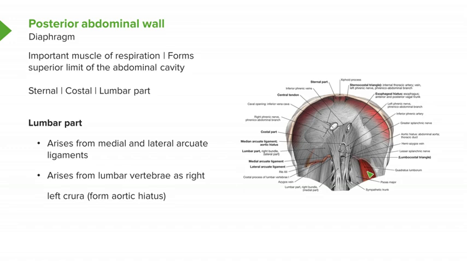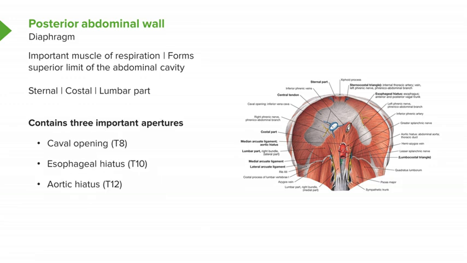So here we can see the lumbar part, and also we can see the left and the right crura that are running down, as I mentioned previously, to attach to the lumbar vertebrae, and these are helping to form the aortic hiatus. And then, as I mentioned, we have these three important apertures.